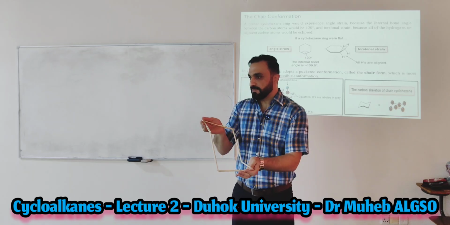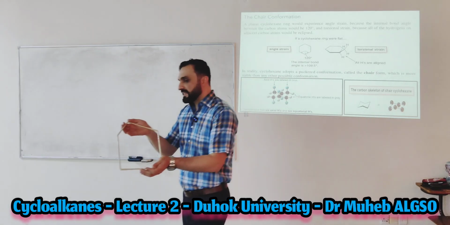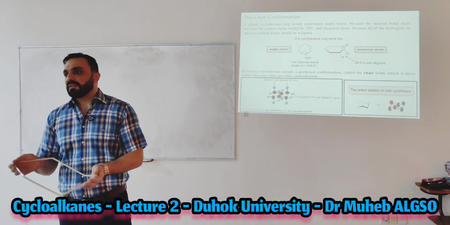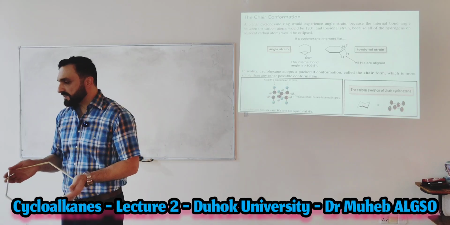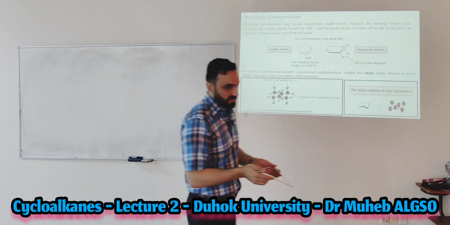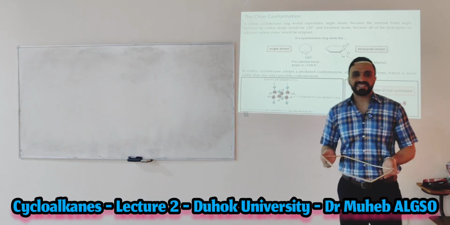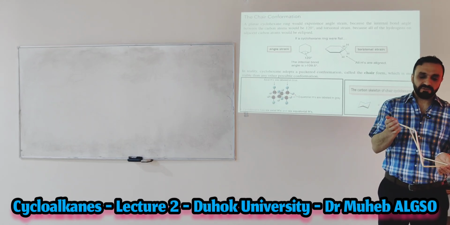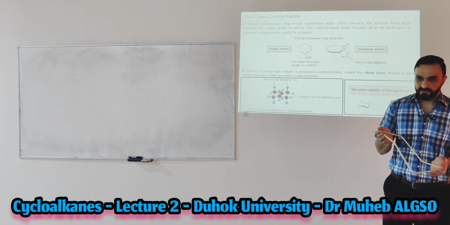But in the chair form, they are staggered to each other. And you know, the staggered conformation is more stable than the eclipsed conformation. Why? Because there is less steric effect between the hydrogen atoms.